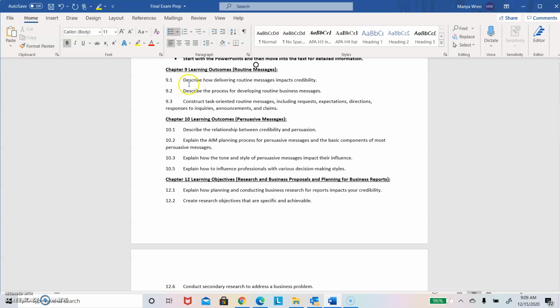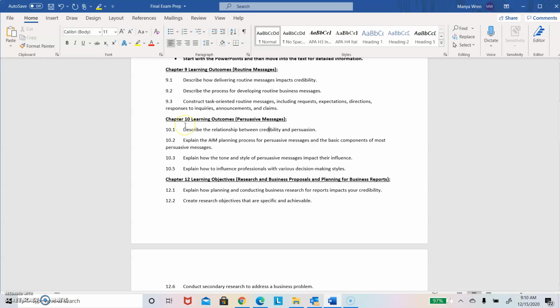There might be none for Chapter 9 and maybe one for Chapter 12, but that's neither here nor there. These are the things that you need to pay attention to: learning outcomes 9.1, 9.2, and 9.3. You'll see a lot of them having to do with credibility.